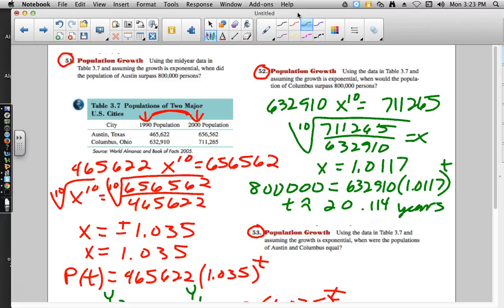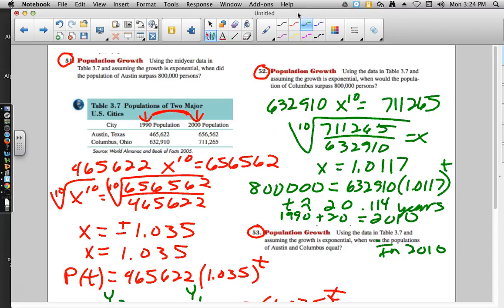So we definitely can round that to 20 years, and then this one started in 1990 as well. So 1990 plus 20 years would put us in 2010. So sometime in 2010 is when that would happen.